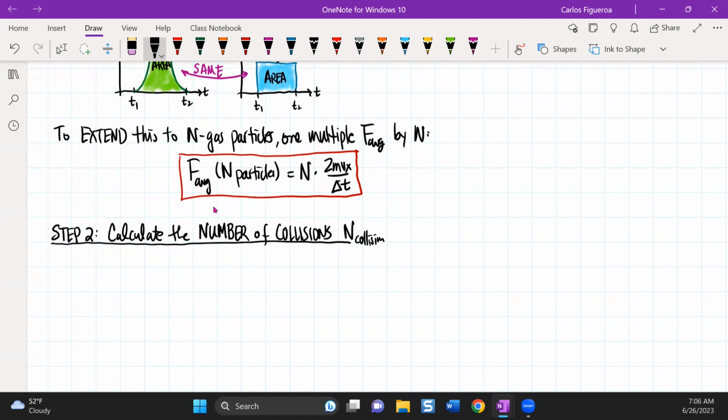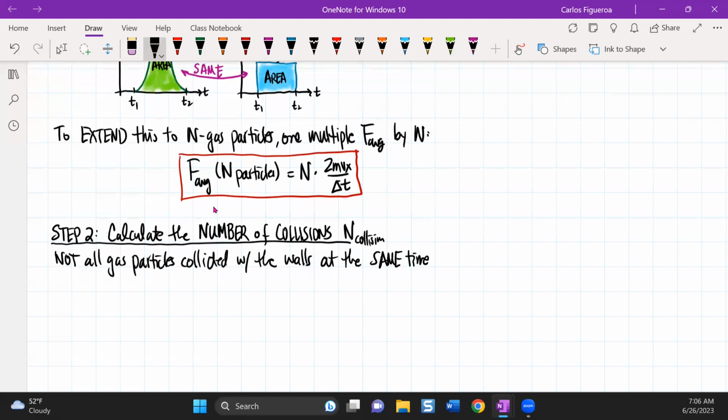So now, not all gas particles collide with the walls at the same time, which we need to account for.